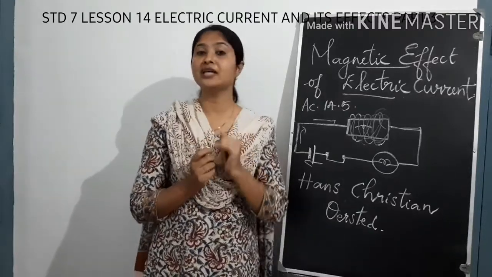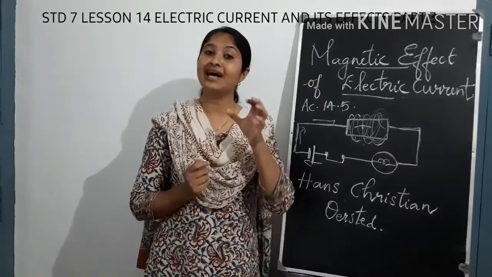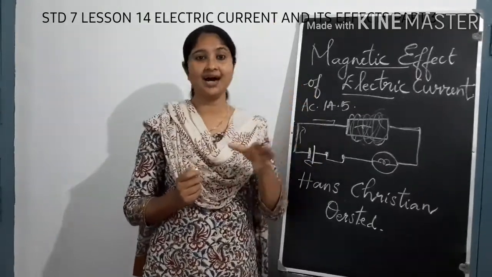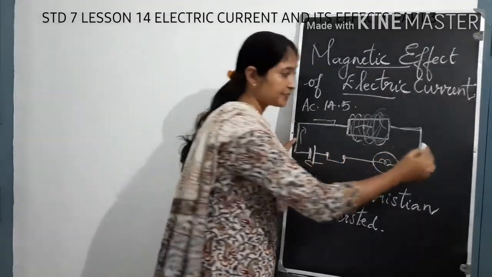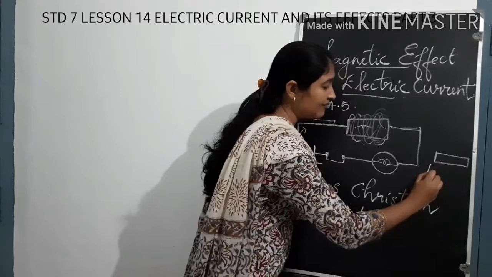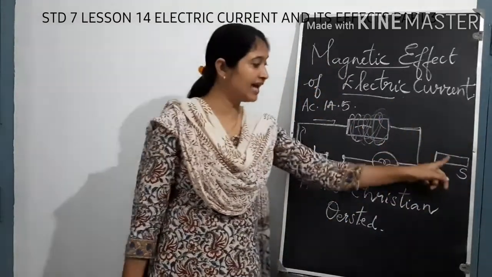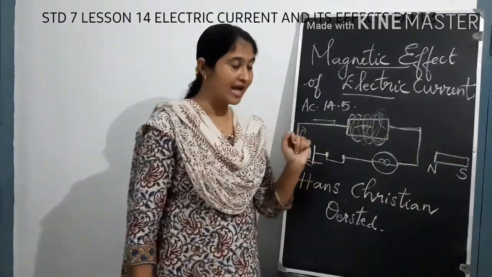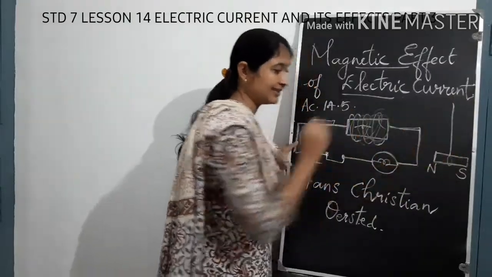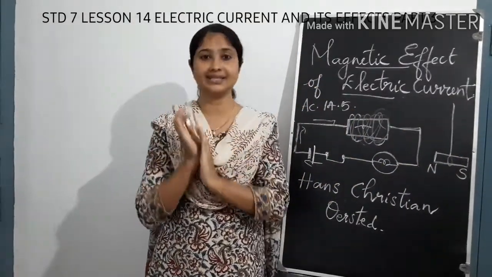Now, one more nature is about the magnet. That is, when the magnetic needle or a magnet is freely hung. So, for example, if this is a magnet, this will have a north pole and a south pole. And tie it in a string, and if you hang it like this, it will always show north-south direction.